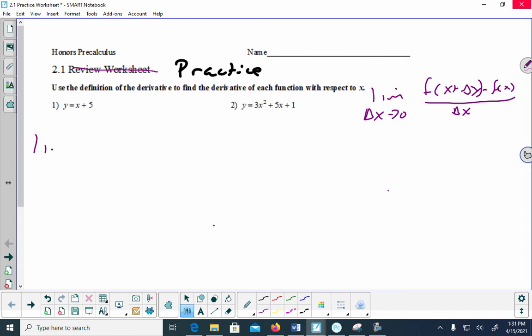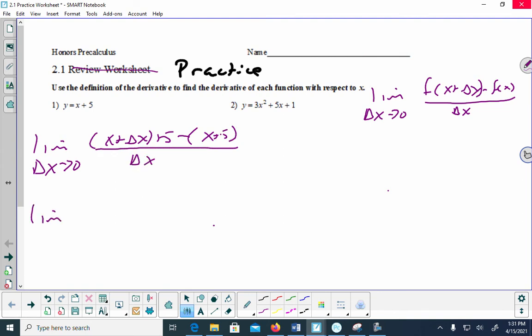So I'm going to take the limit as delta x approaches 0 of f of x plus delta x. So that's going to be x plus delta x plus 5 minus f of x, which is x plus 5, all over delta x.